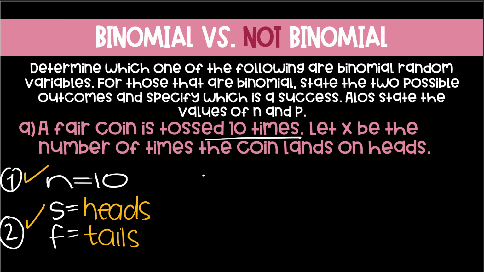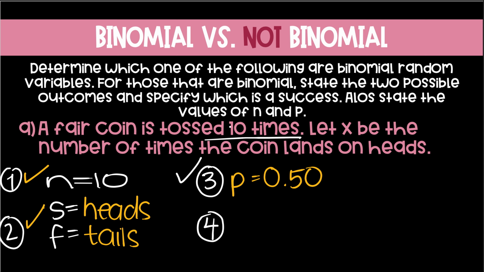Our third condition is that the probability is the same in each trial. The probability when tossing a coin each time is 0.50 for heads and tails. In this case, it's the same. Number 4, this one's met as well: is the probability of the first coin landing on heads independent from the second coin and the third coin and the fourth coin?